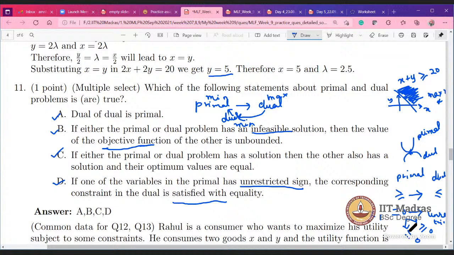If it is greater than or equal to, it should be positive. If it is less than or equal to, it should be negative. So both ways are possible. We cannot restrict the sign of the variable, so that is why it is unrestricted. Okay, so that is the reason for this question. So this is also a true statement.